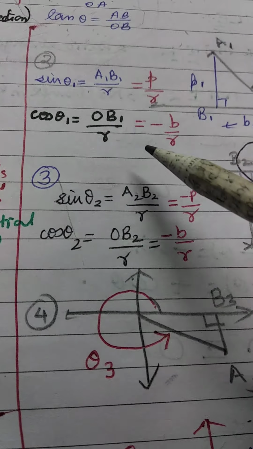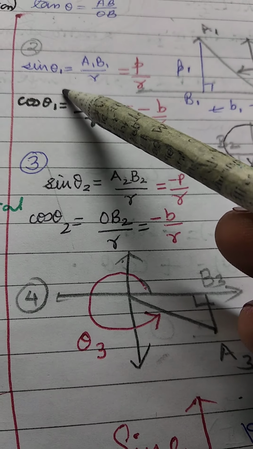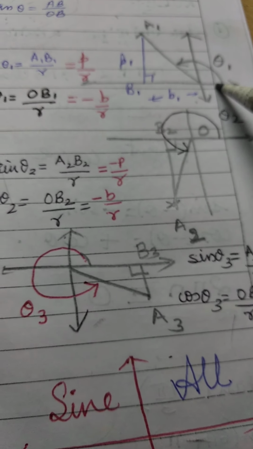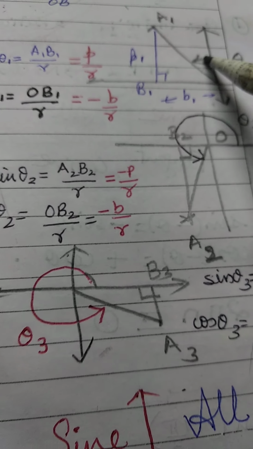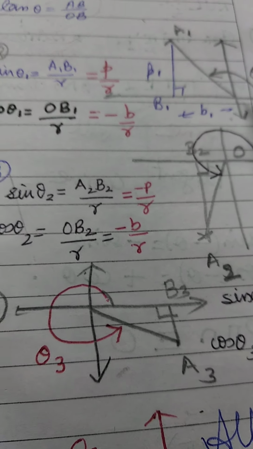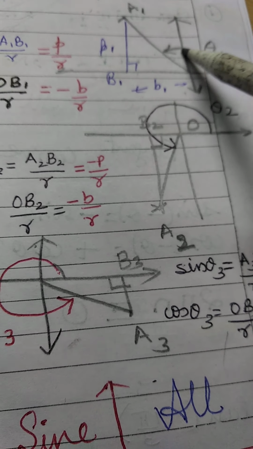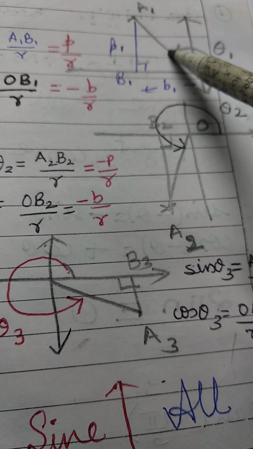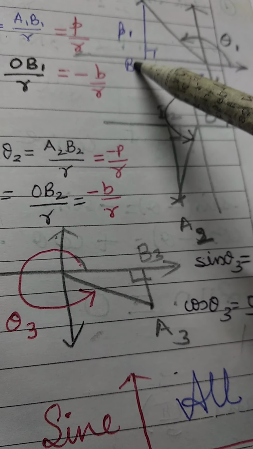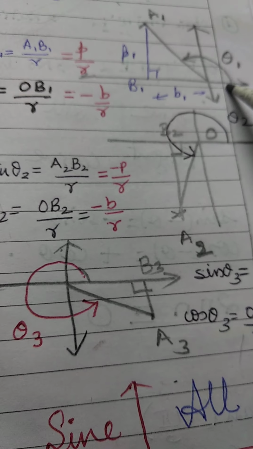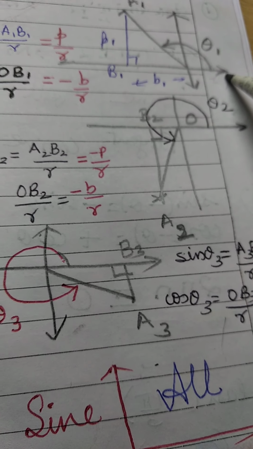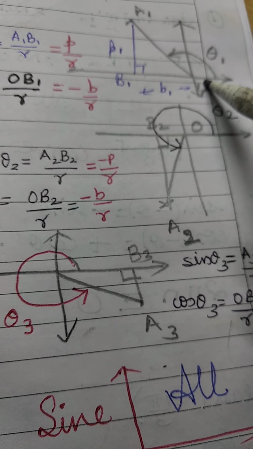Now let us discuss the ratios in particular for different angles in different situations. The first situation I have taken is when the angle is greater than 90 degrees but less than 180 degrees. So this is the angle described by OA, which is greater than 90 degrees, less than 180 degrees. The angle taken up is this angle theta 1, which is nothing but XOA1.